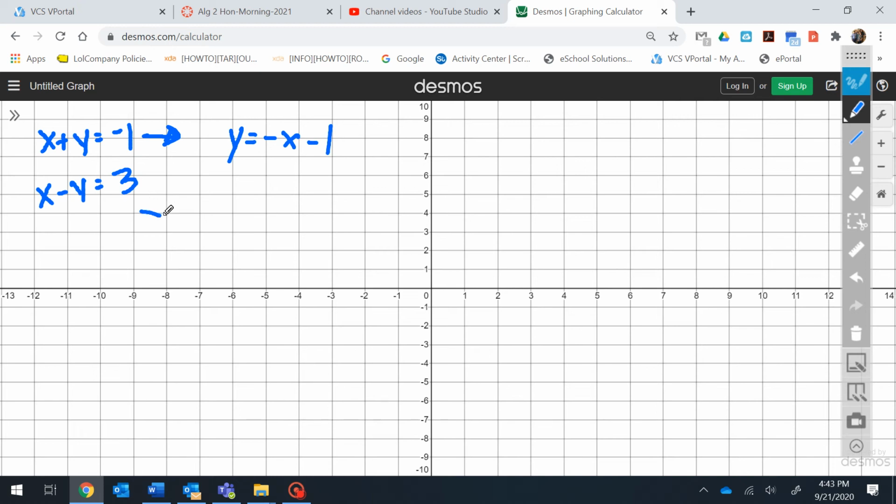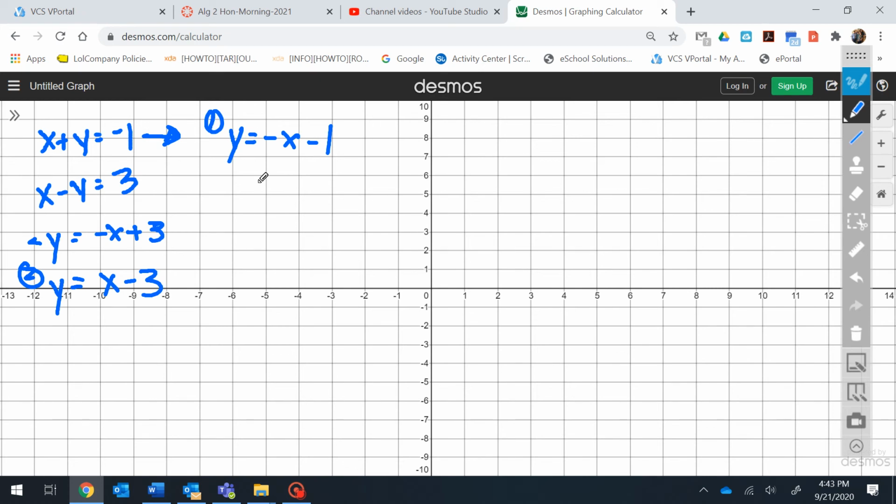To put the second one in slope-intercept form, I will need to subtract the x, and then I will also need to divide by -1. So it'd be -y equals -x plus 3, and then dividing by -1, y is equal to x minus 3. So here's my first equation, here's my second equation.